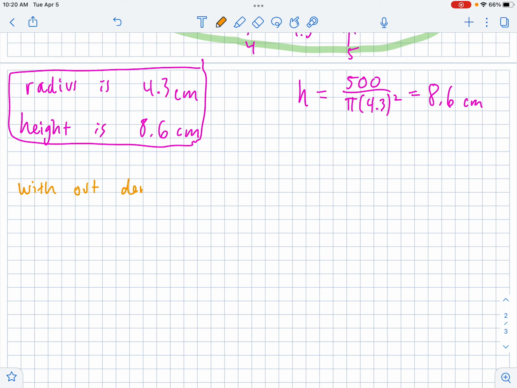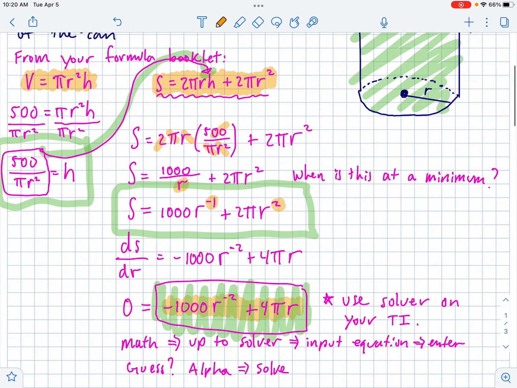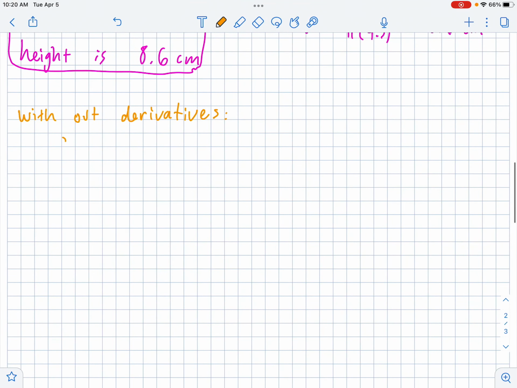Now, I'm going to show you guys a way to check your answer without using derivatives. If you go back up to right here, this was the equation of the surface area in terms of R. S equals 1,000 R to the negative 1 plus 2 pi R squared.